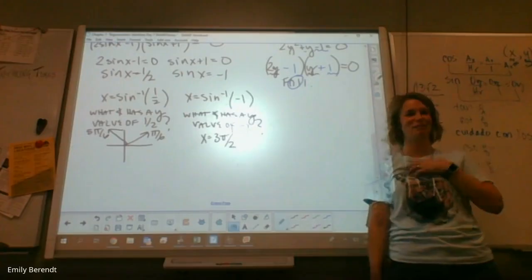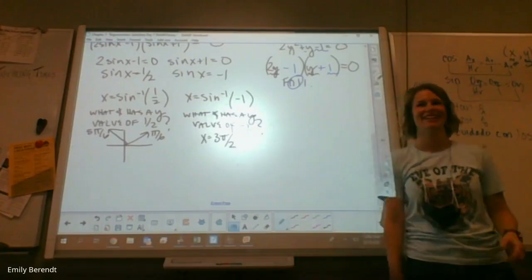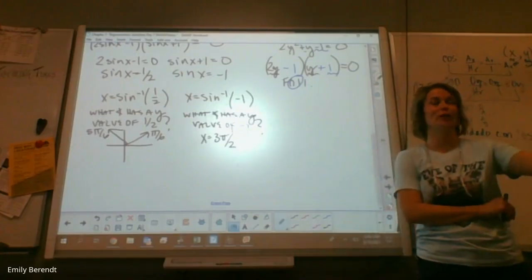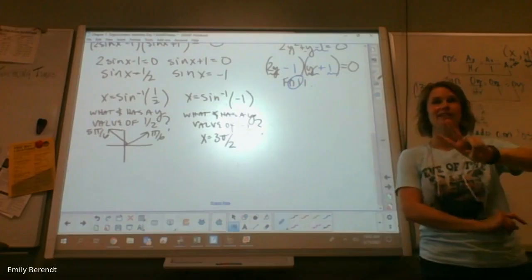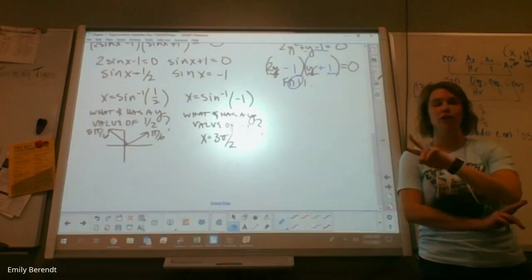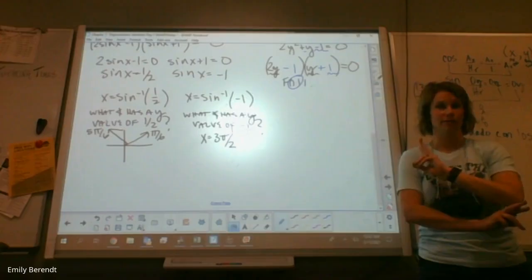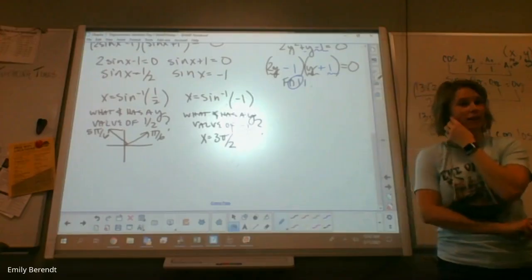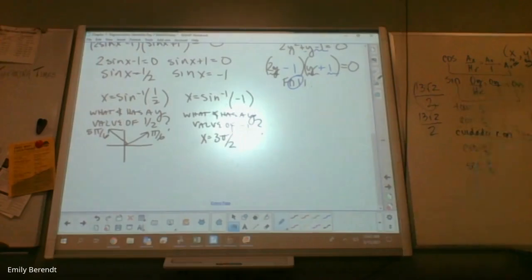But guess why this problem's so hard? 2 of them don't work. Can you believe it? 2 of these answers don't even work. Okay? Now, some of you are probably saying, how in the heck are we supposed to know which ones will have answers that work and which ones won't work?